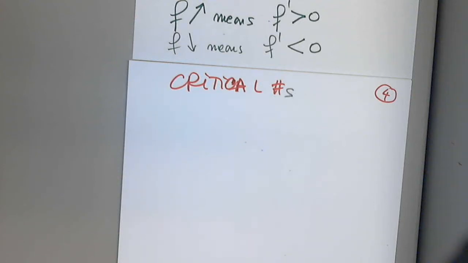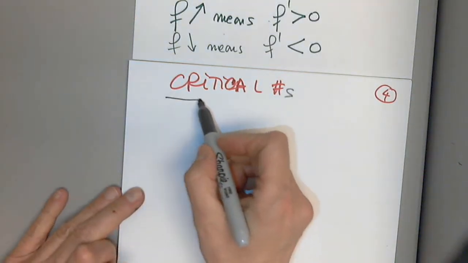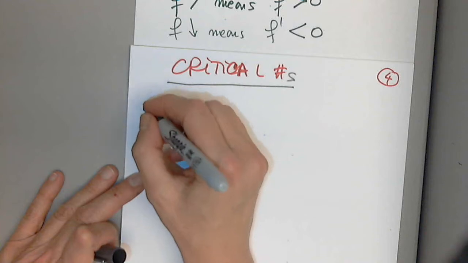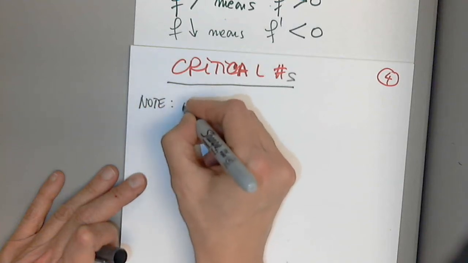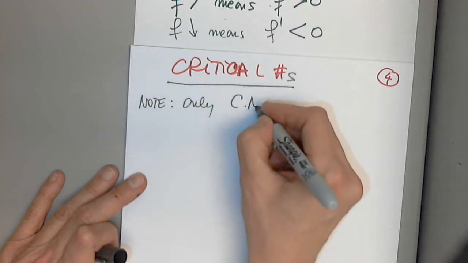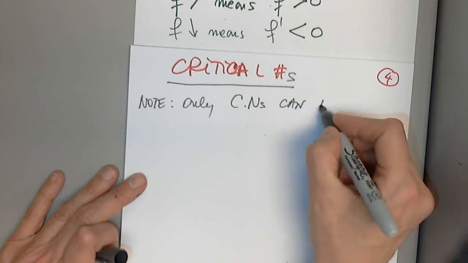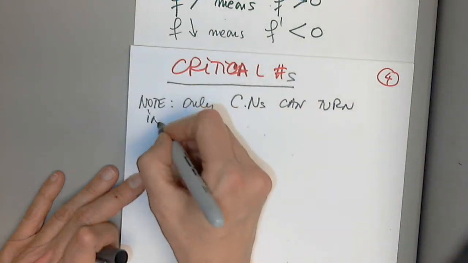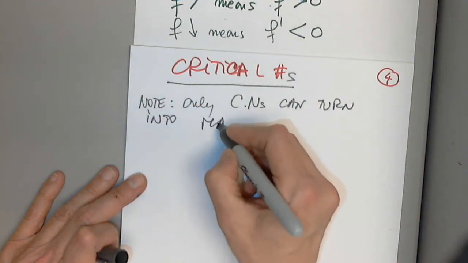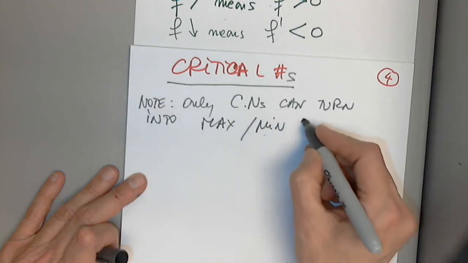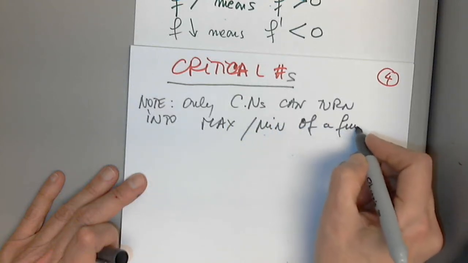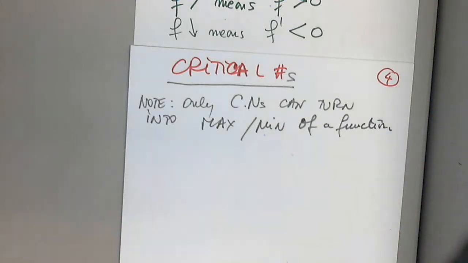I'm going to put that in writing. We don't even know what a critical number is yet. But note, only critical numbers can turn into max-min of a function. There is no guarantee, though.